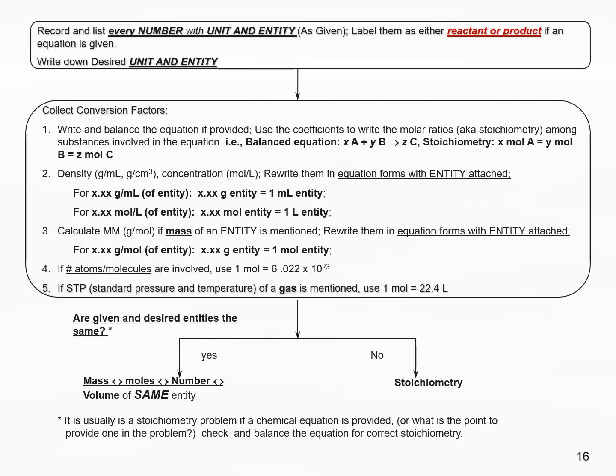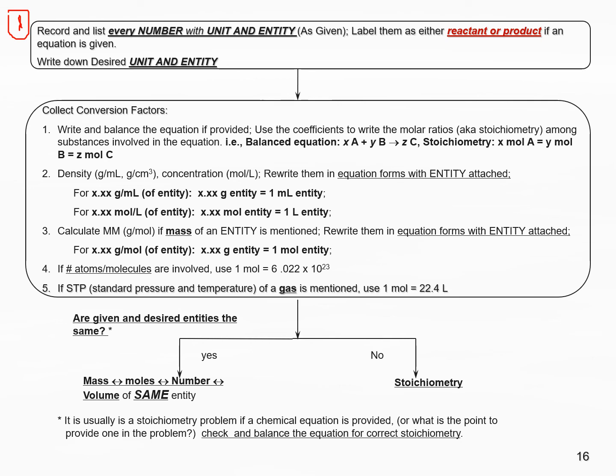All right, before we end this lecture, I just want you to realize how important the 3-page handout I passed out in class is. Remember, this is our step 1. Record, label them reactant and product, so we know whether there's going to be a stoichiometry problem.